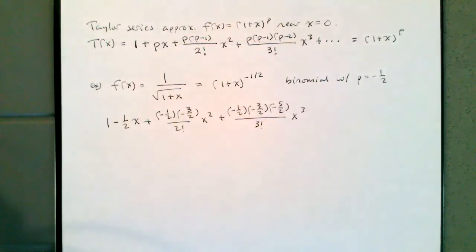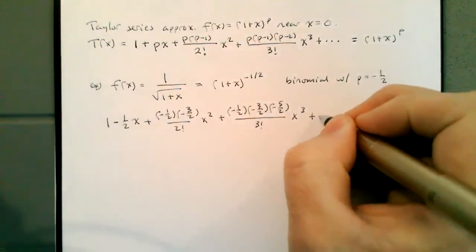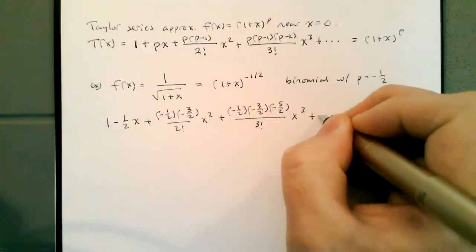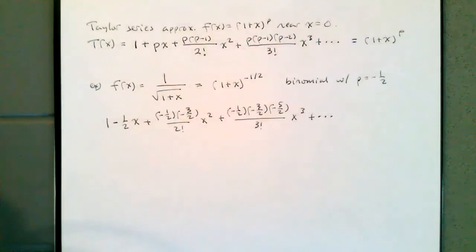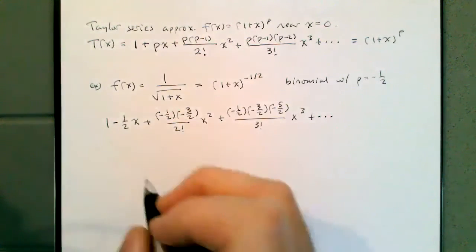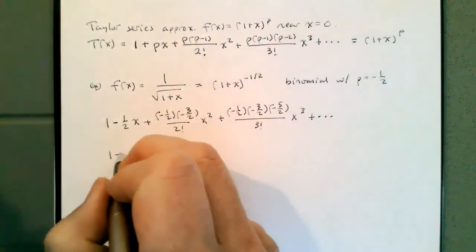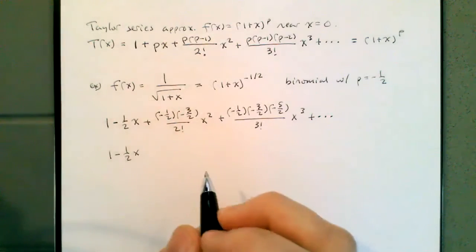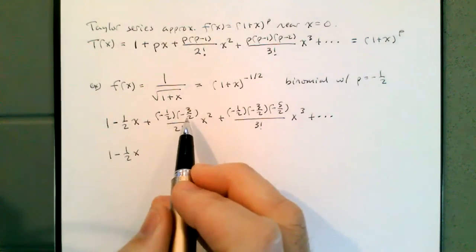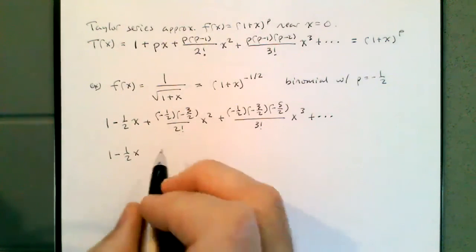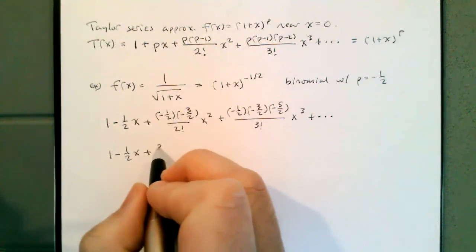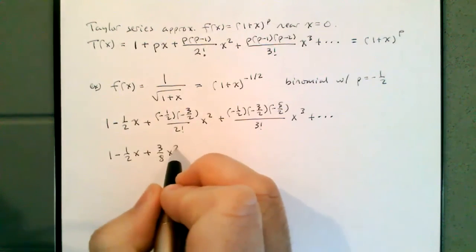So it's very easy to construct a binomial series. So we should clean this up a little bit. So we have 1 minus 1/2 x. See, minus and minus is going to be plus, and I have 3 over 8 x squared.